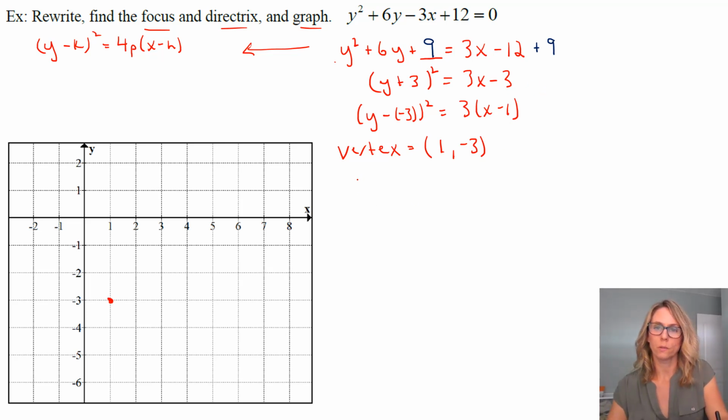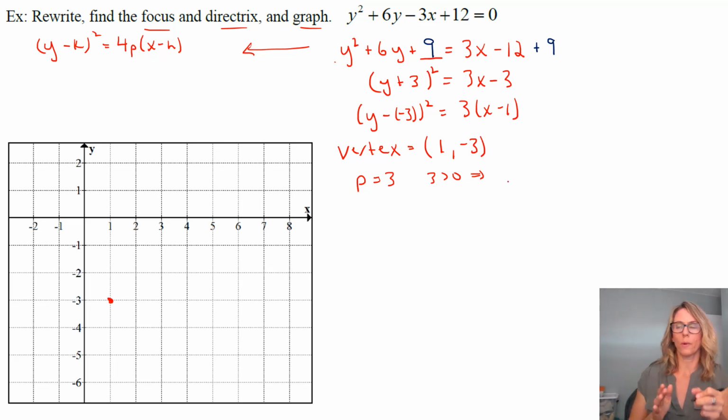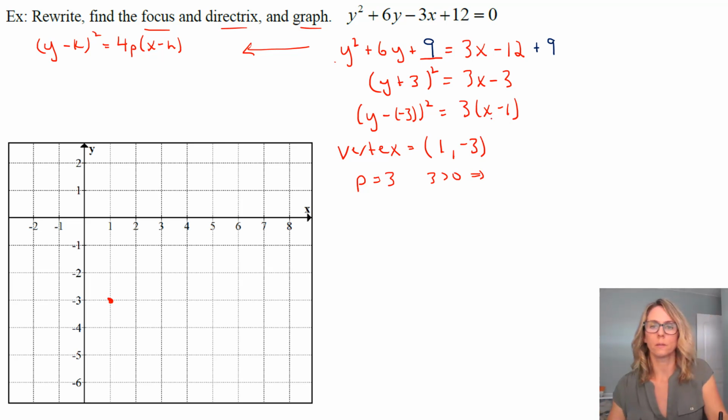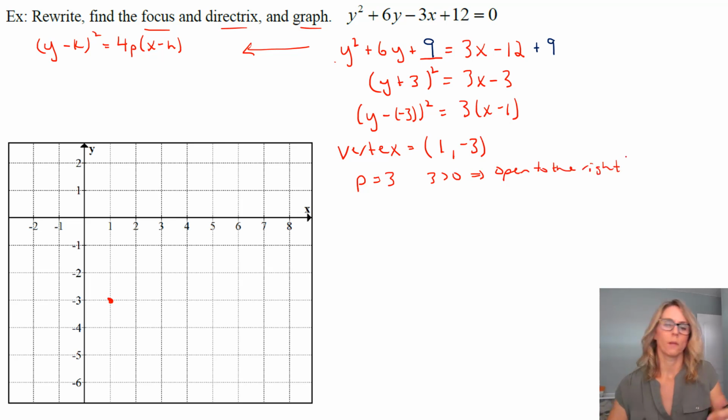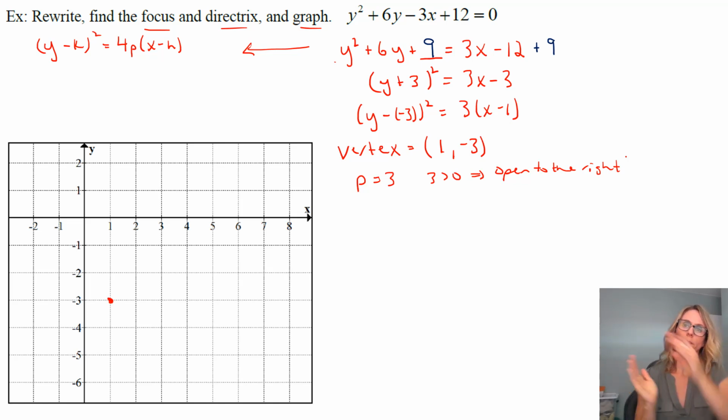So p equals 3. 3 is greater than 0. So that means that our parabola is going to open to the right. And that's simply because, you can see what we have there. If p is negative, then it would open to the left. But our p is positive, so it opens to the right.